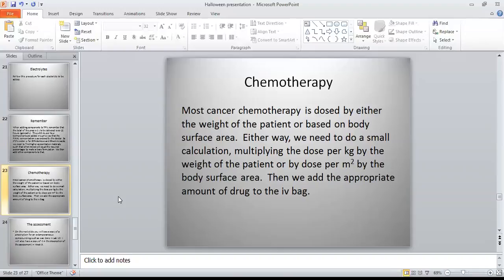So if we had a large patient with a 2 meter squared body area, which is a calculation we won't go into here today, but we can calculate that, we'd multiply 2 meters squared times 175 milligrams per meter squared and come up with 350 milligrams of paclitaxel for the dose. So we calculate how much that would be out of whatever container it was in and add that to the appropriate IV bag as specified by the doctor.